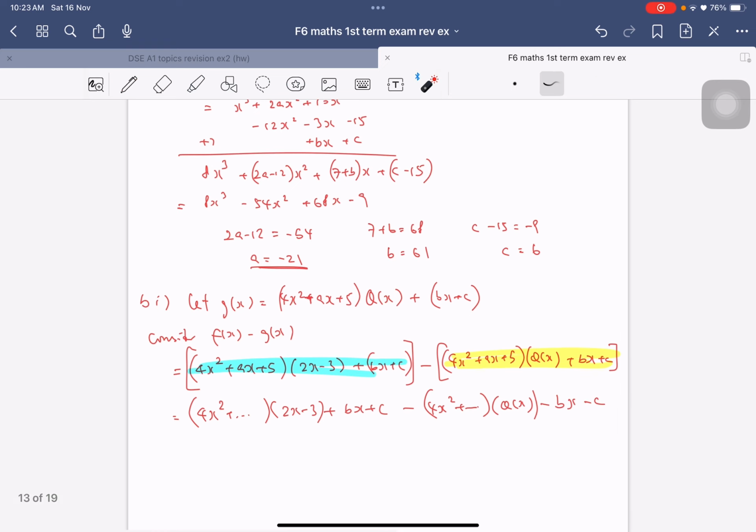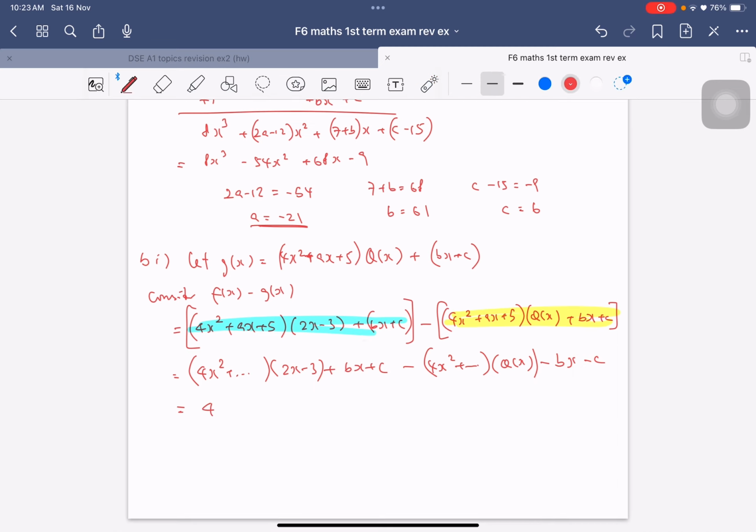This is positive bx, this is negative bx, positive c, negative c, so they cancel out. What we're left with is (4x squared plus ax plus 5) times (2x minus 3) minus (4x squared plus ax plus 5) times q(x). Now this is the common factor, so we can take it out: (4x squared plus ax plus 5) times (2x minus 3 minus q(x)).